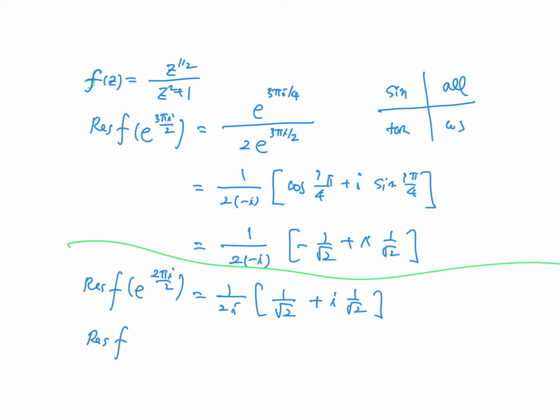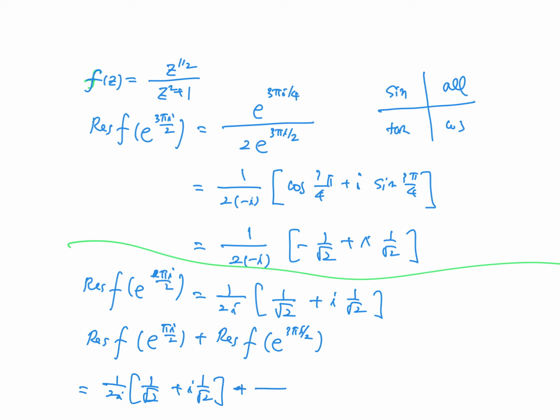The residue at exponential i pi over 2 plus the residue at exponential 3 pi i over 2 is 1 over 2i times square root of 2 plus i over square root of 2, plus minus 1 over 2i times minus square root of 2 plus i square root of 2. This cancels each other, right, because of the sign, and this becomes 2i over square root of 2.